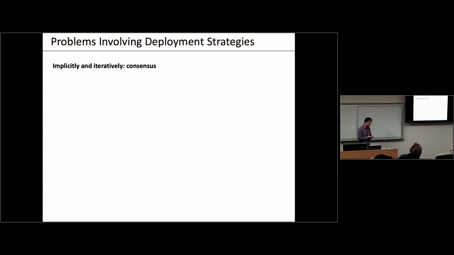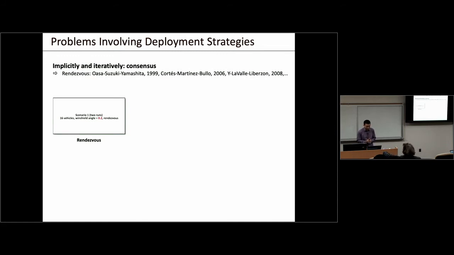There are many problems people have studied in the past involving generating deployment strategies. Now from the control side, these are often done as a sort of consensus problem. For example, we could be doing rendezvous, that is, we want to get a bunch of agents to converge to some unspecified location.